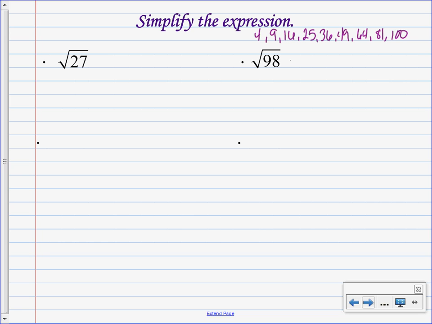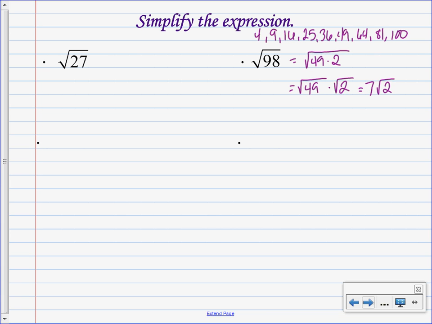So this becomes the square root of 49 times 2, which equals the square root of 49 times the square root of 2, which equals 7 square root of 2. Now, I really need to ask you guys this.